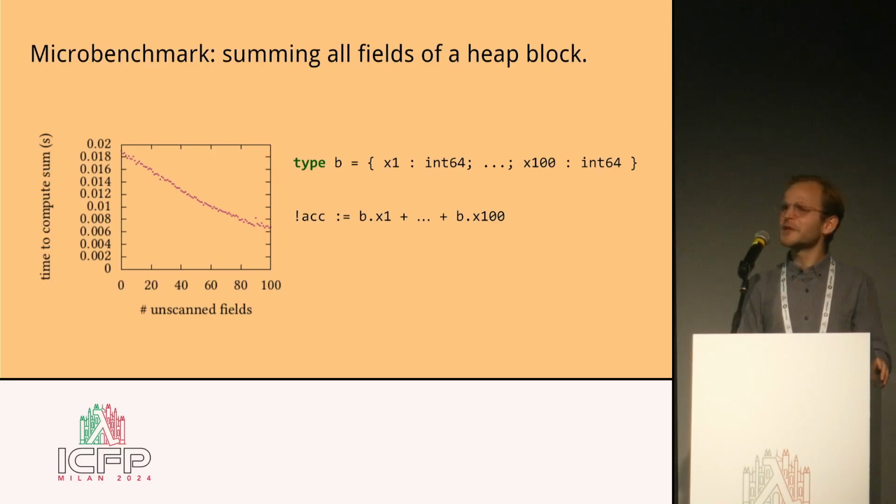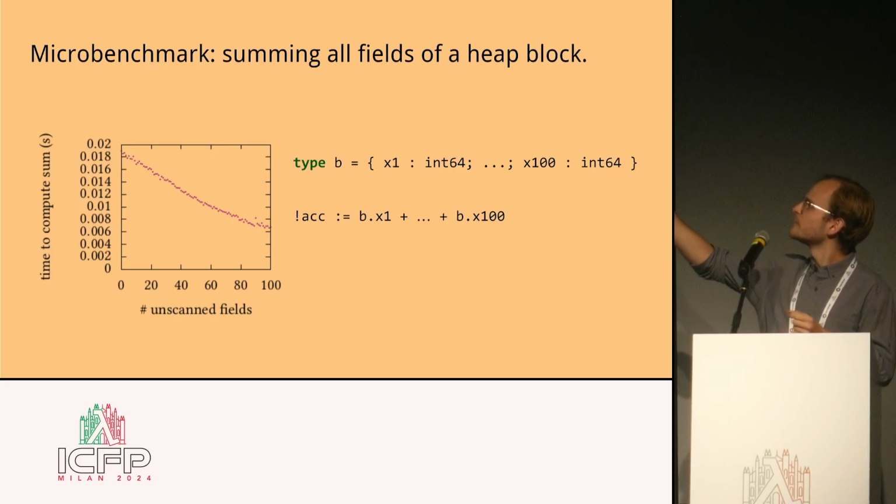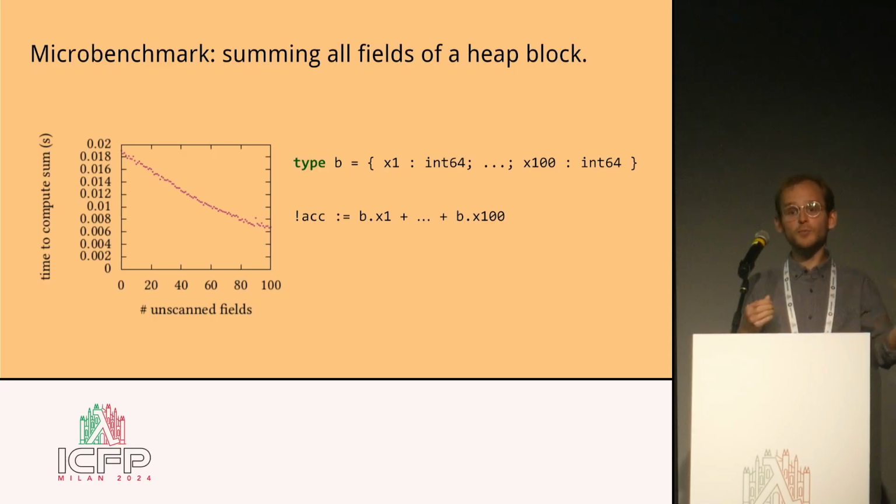Yes, I've done a kind of silly micro benchmark, just to drive home the fact that indirection is slower. In this benchmark I've varied the number of fields of type B that are marked as unboxed, and run a loop where I sum up all of the fields of such objects.